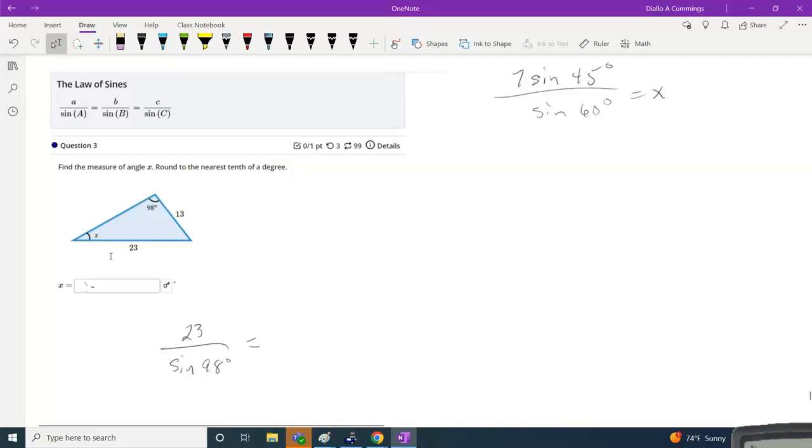So I don't know my missing side length, but I do know the side length opposite that missing angle. So I'm going to take 13, which is the side length, and put that in the numerator. And I want to divide by the sine of x, which is unknown.